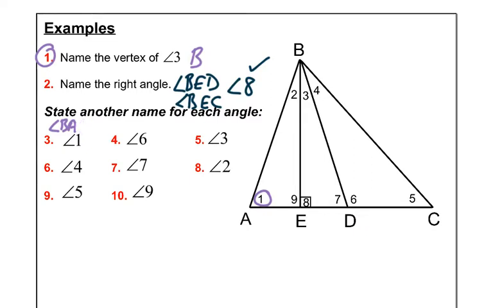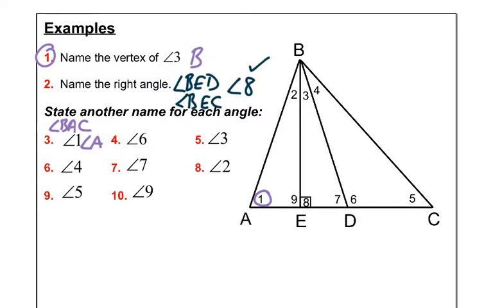So I could say BAE, BAD is also good, and you could also have said angle BAC. That's also fine. And of course, all the reverses are good too. And because A is all by itself, you actually could call angle 1 the same thing as angle A and just call it by its vertex, because that doesn't mean any other angle except angle 1.